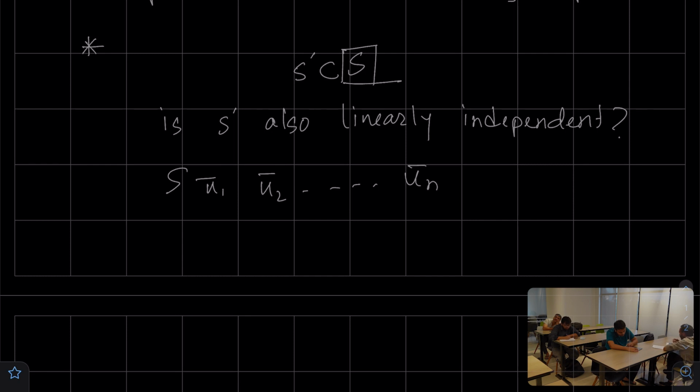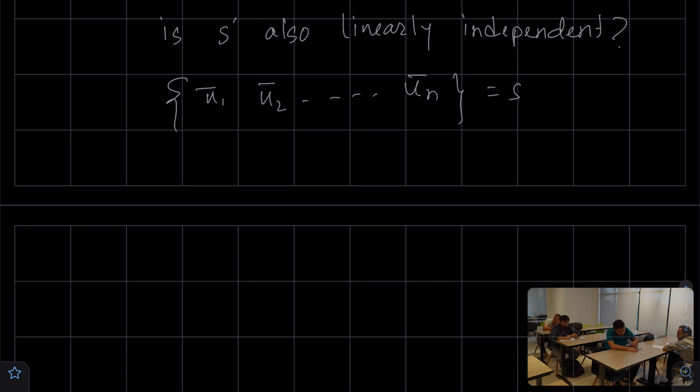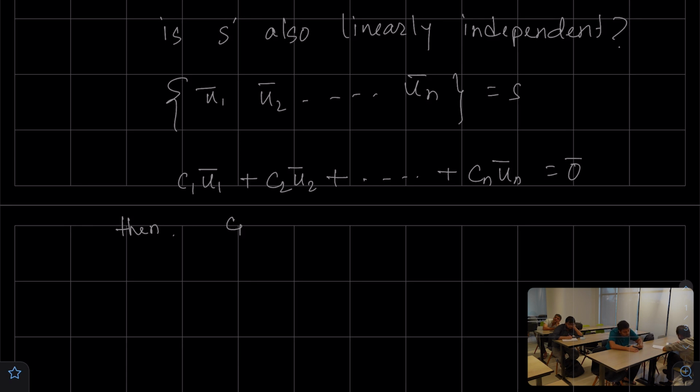There are n many vectors in this set S. So this is the set S. Since this set S is linearly independent, that means if I take the summation C1 U1 vector plus C2 U2 vector plus Cn Un vector equal to 0 vector, then C1 equal to C2 equal to Cn equal to 0, right?